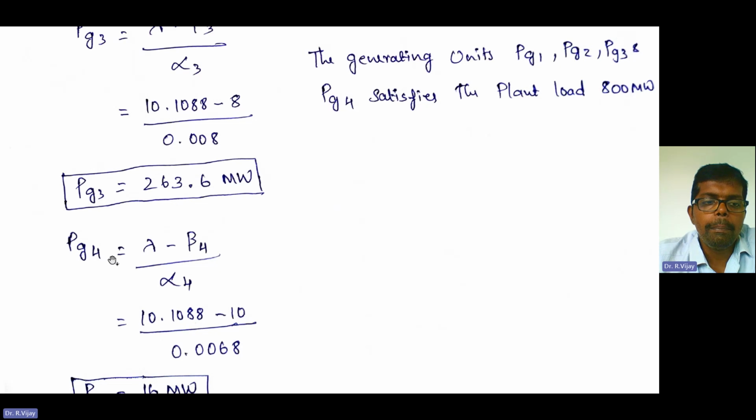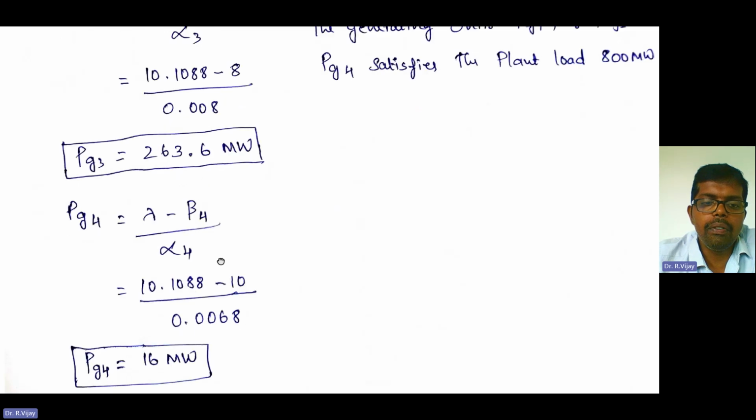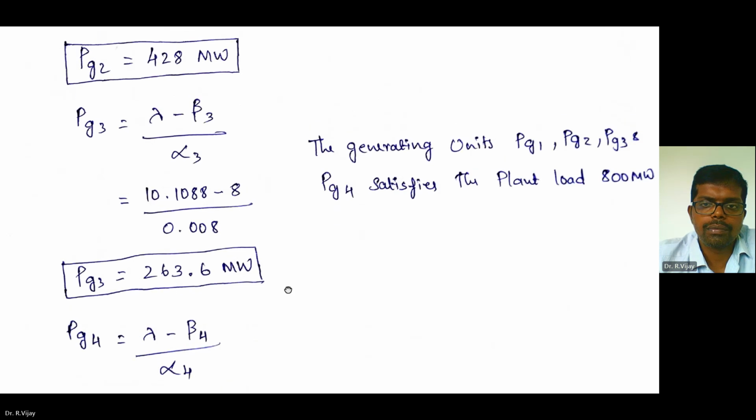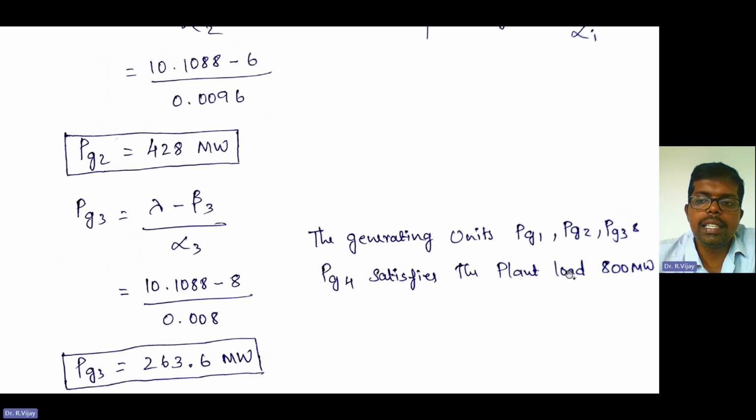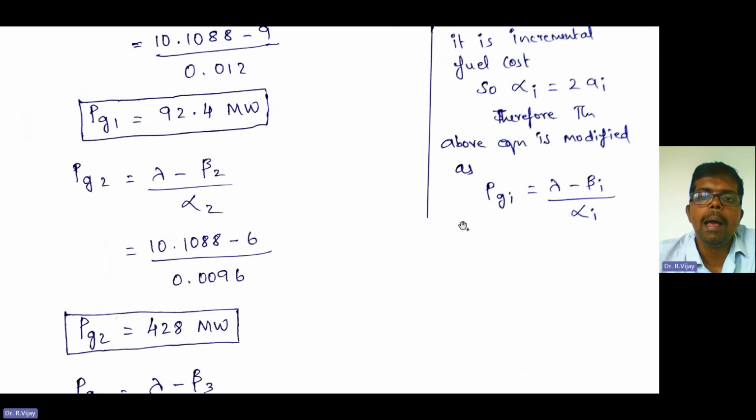Similarly, PG4 is lambda minus beta 4 divided by alpha 4, that is 10.1088 minus 10 divided by 0.006. Simplifying, we get PG4 as 16 megawatt. Now the generating units PG1, PG2, PG3 and PG4 satisfy the plant load of 800 megawatt. If we add them all, we get 800 megawatt. So these are the economic load dispatch values for this problem.